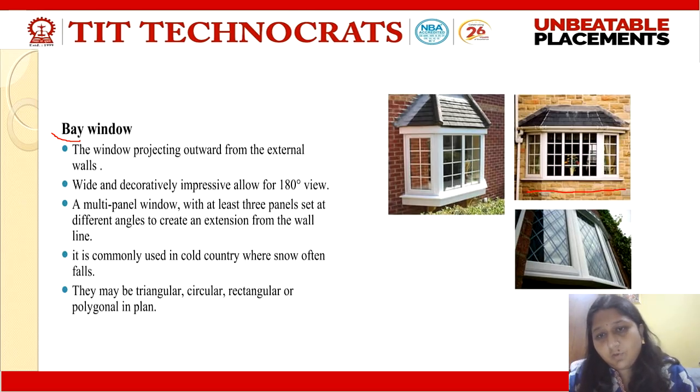What is the benefit? As it comes outside the wall, I get extra space inside my room, and this extra space created by the extension of the window outside the wall is called a bay. The type of window provided in a bay is called a bay window.